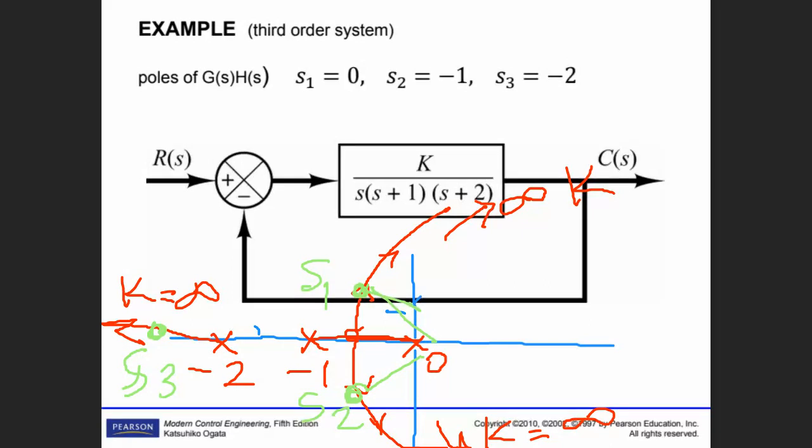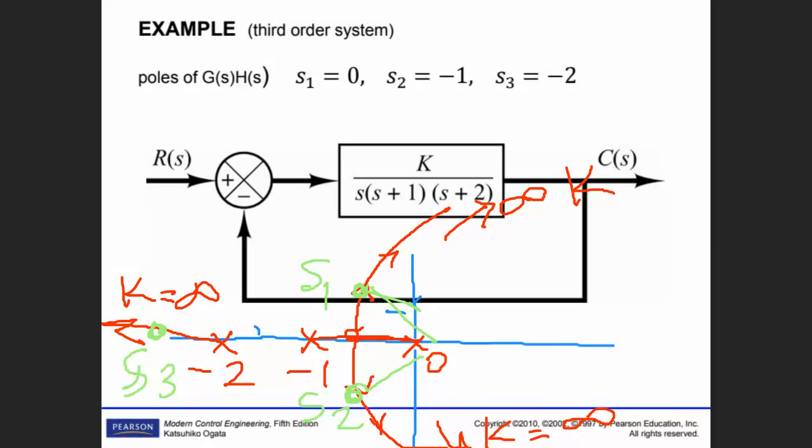So let's see overshoot, of course. Which poles are dominant, by the way? Here. S1 and S2 are near to the origin, that means their time constant is higher.